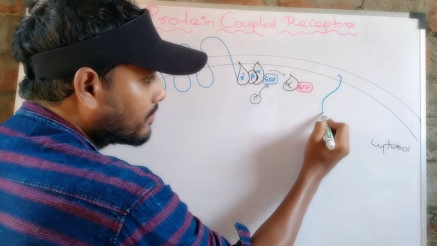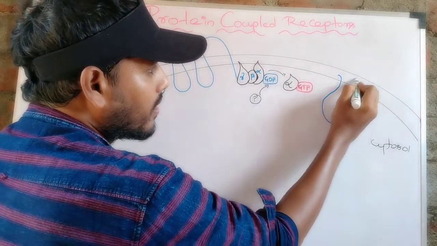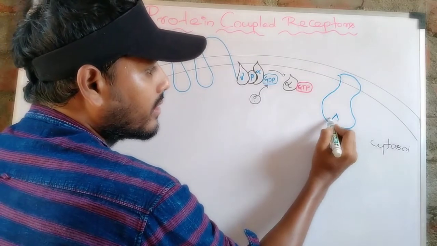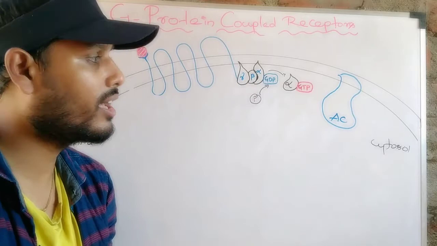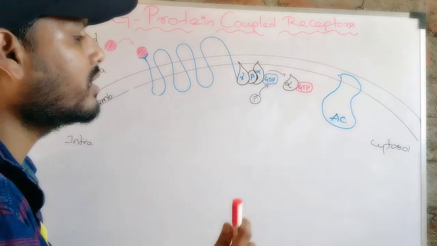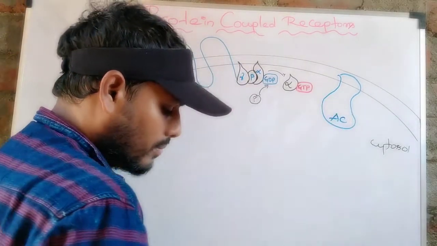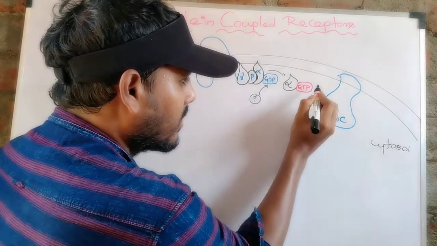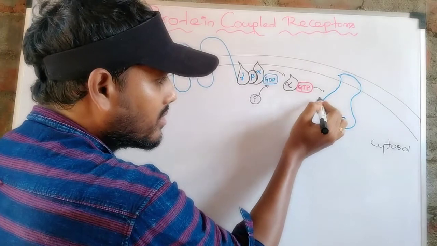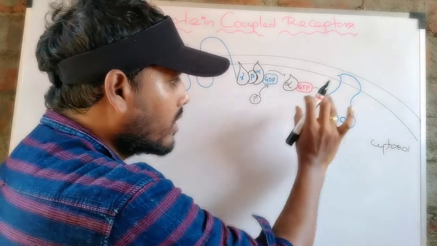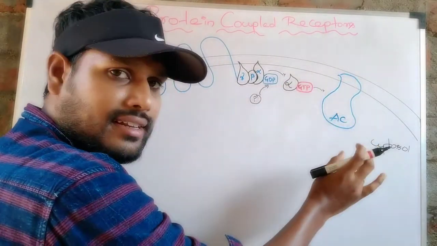This is AC, adenyl cyclase. Here we have a binding site, and the alpha subunit comes and binds exactly here. In this region it will activate adenyl cyclase.